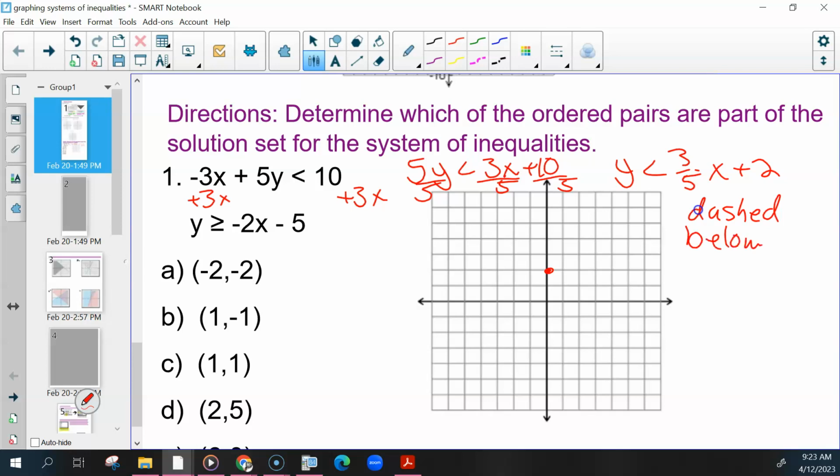So start at positive 2, go up 3 to the right 5, down 3 to the left 5, and then you can draw dashes in between, arrows at the end. Below the line would be underneath, so this area here.